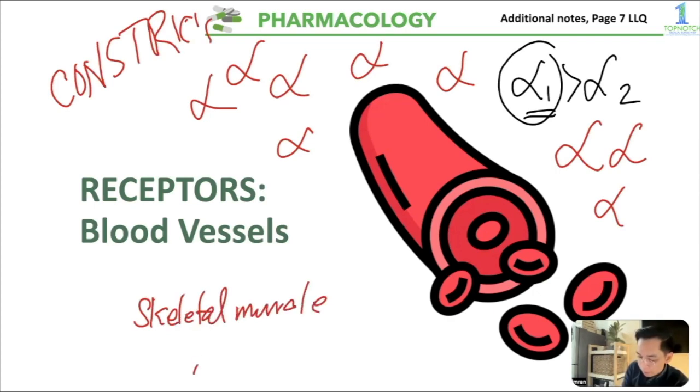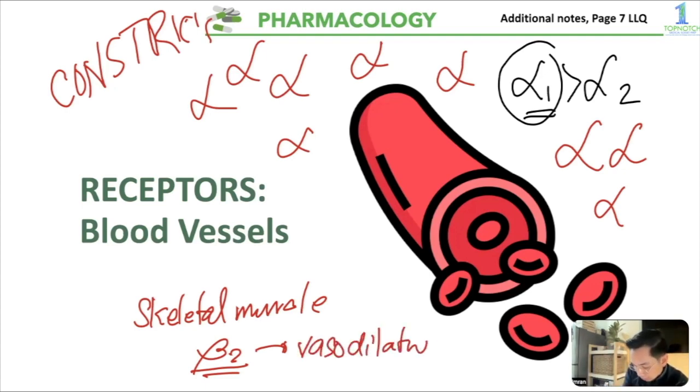Ang receptor niyan is primarily innervated by your beta 2 receptors, okay? Kapag in-stimulate mo si beta 2 receptor, contrary dun sa alam natin na vasoconstriction pag sympathetic nervous system, nagko-cause siya ngayon ng vasodilation. Okay? It causes vasodilation compared to yung alpha receptors natin.